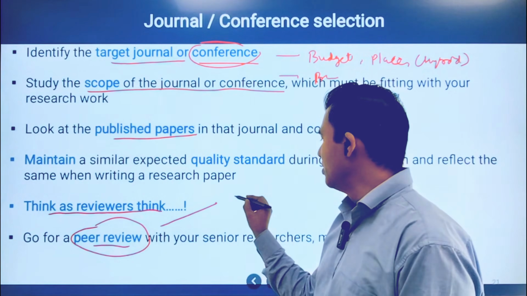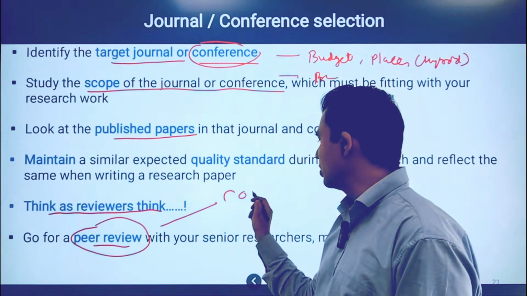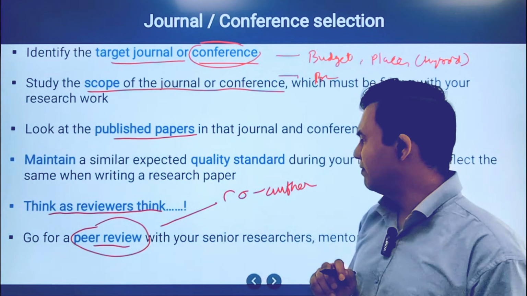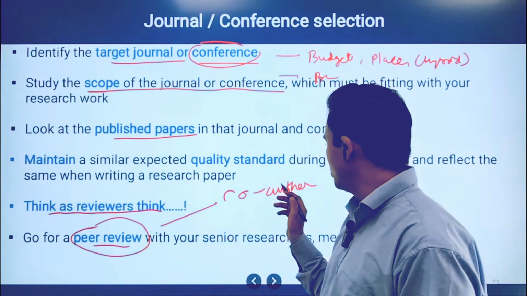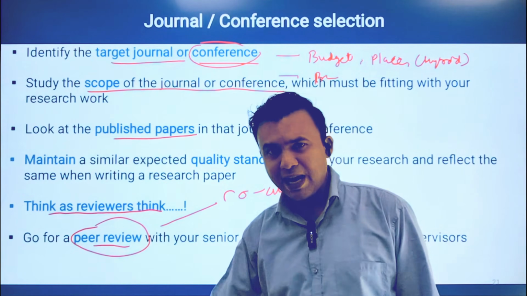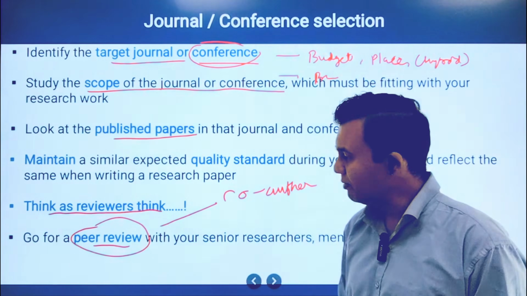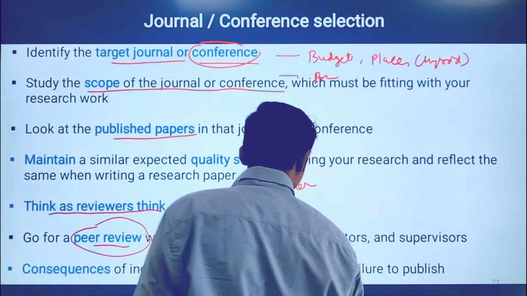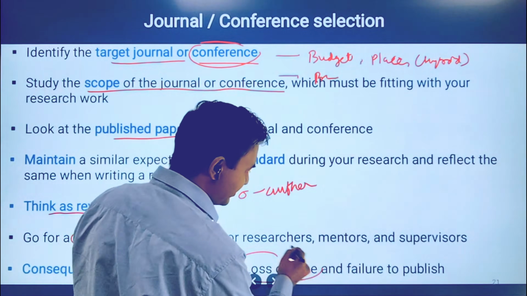You can have a peer review with your supervisor or co-author, or you can discuss with other lab mates and researchers in your lab. The consequence of an incorrect decision is directly a loss of time.